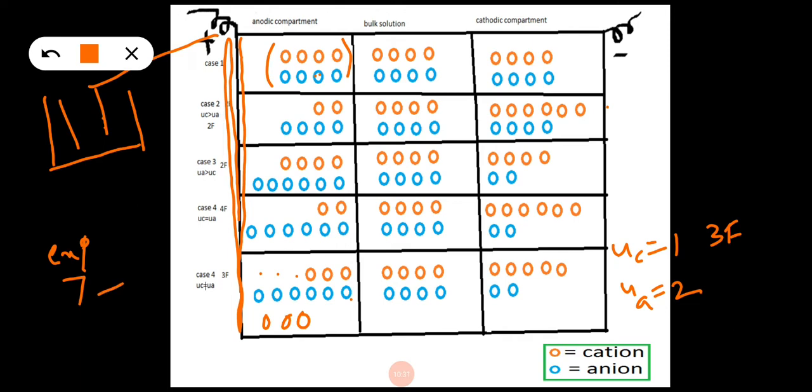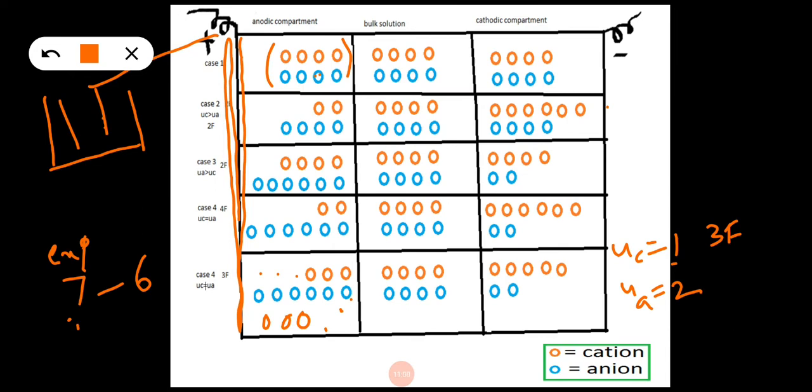So the observed value is 6. The observed increase is not equal to the expected increase because one cation is moving out of the anodic compartment and coming into the cathodic compartment. If that cation were also present here in the anodic compartment, then the value would have been 7, but it is only 6 because one ion is moving out of the compartment.